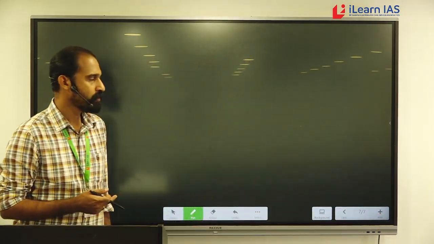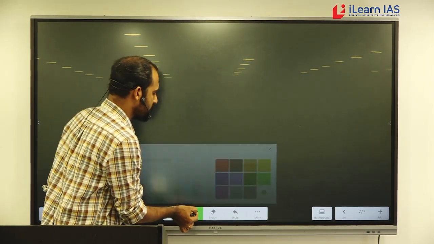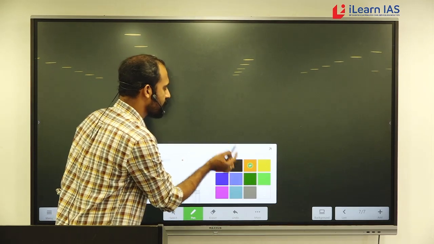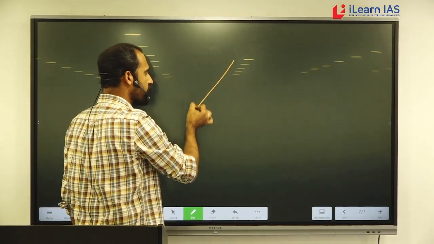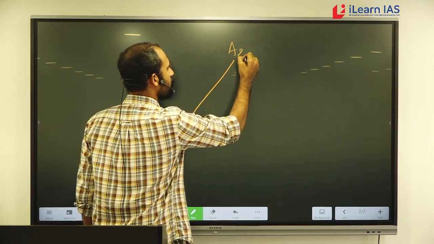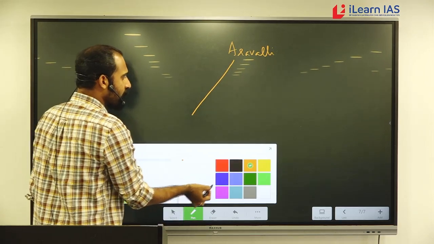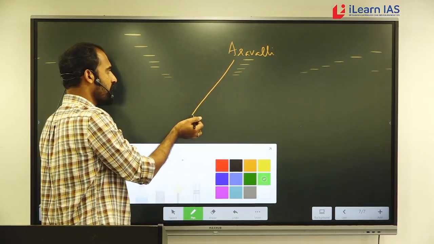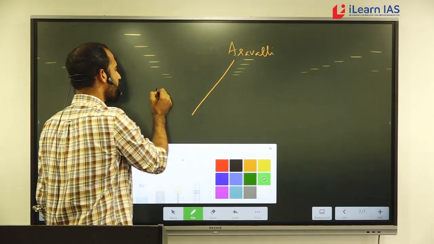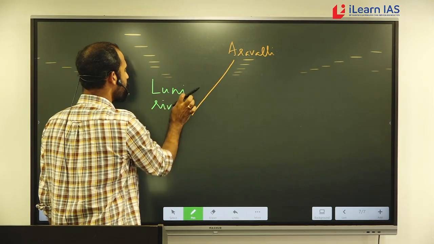Now, a good example of water divide you can find in some parts of India. In Rajasthan, there is this mountain range called Aravalli. Aravalli is a water divide between two basins. On the western side, you can find the Luni River or Luni Basin.